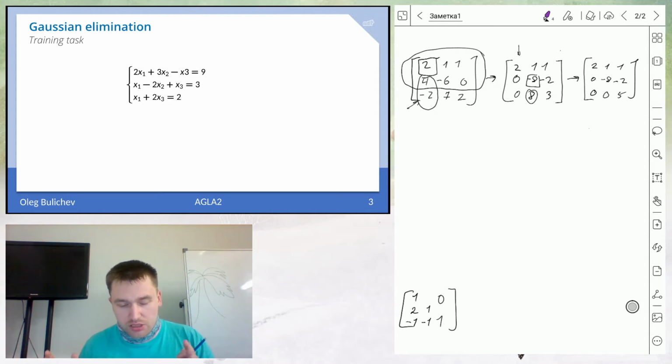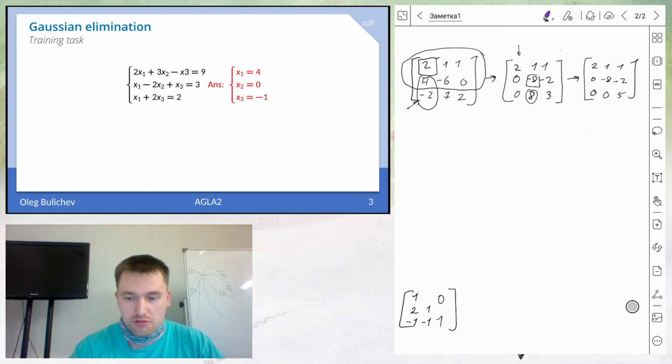As Gilbert mentioned during his lecture, MATLAB, for instance, first works with the left part, and after this works with the right part inside the MATLAB code. I haven't checked it yet, but I hope he's right. And I will also provide you the answer.